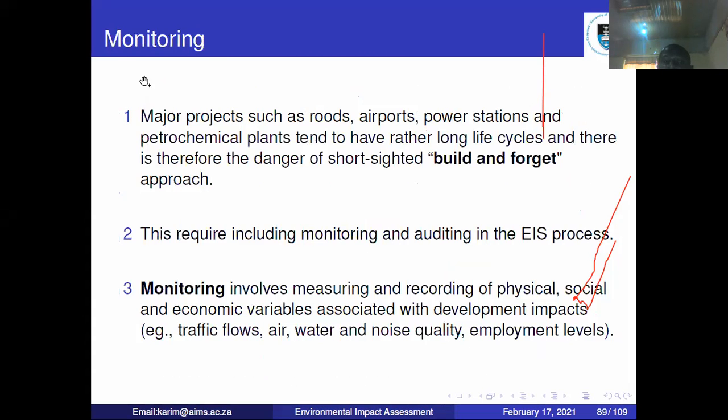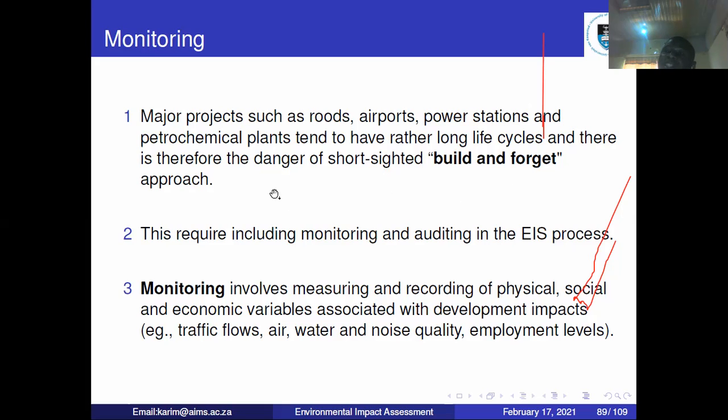And then there should be monitoring. So once you allow the project to start, they should monitor the project to see how the measures, the alternatives, whether you are committing yourself to what you say you are going to do. Major projects such as roads, airports, power stations, and petrochemical plants tend to have rather long life cycles. And there is therefore the danger of a short-sighted build and forget approach.